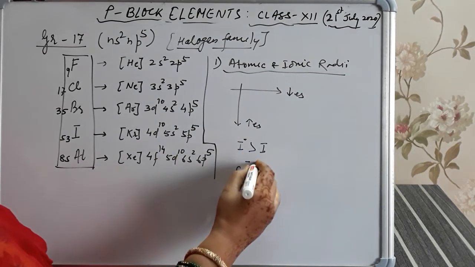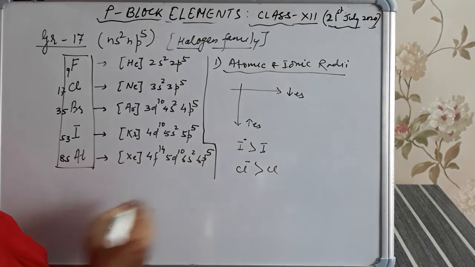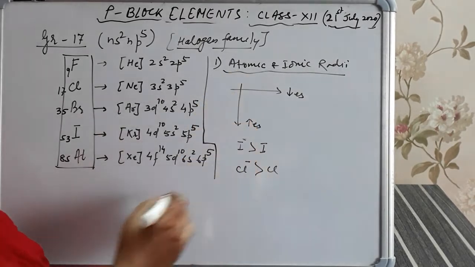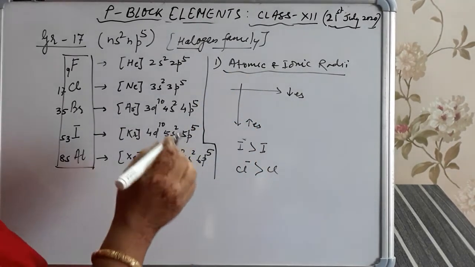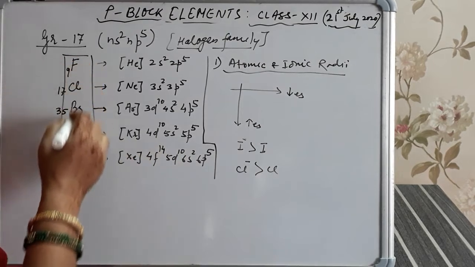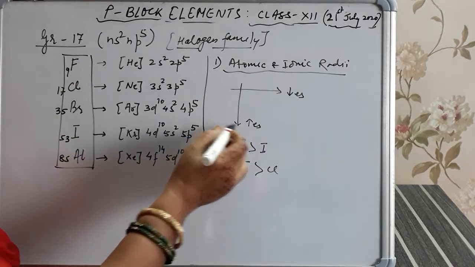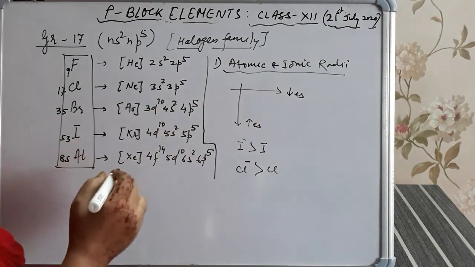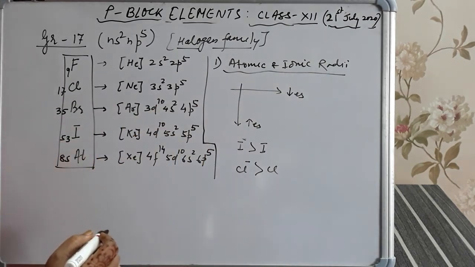Similarly, the chloride ion is greater than the neutral chlorine atom. So this is the general characteristic of atomic and ionic radius: the size increases top to bottom, and decreases left to right in a period.